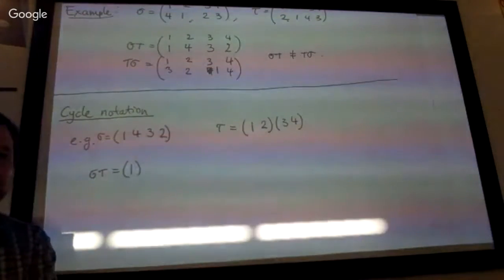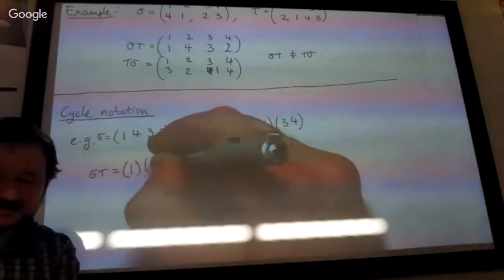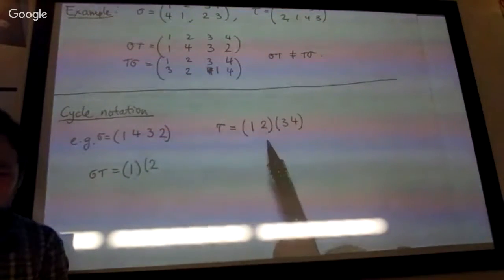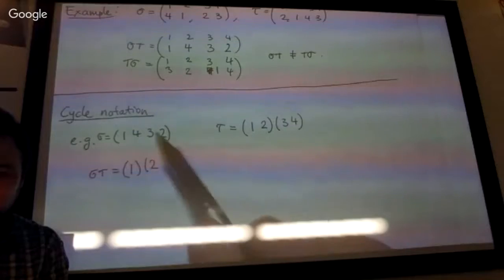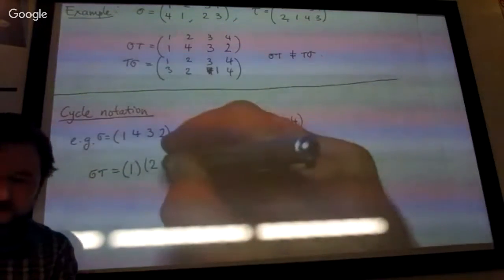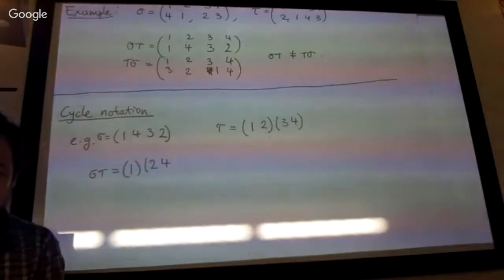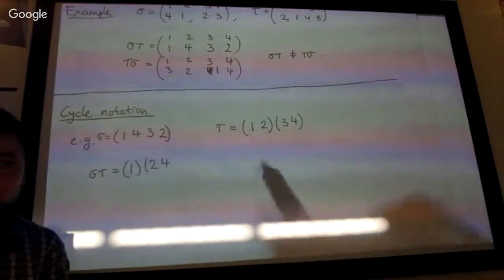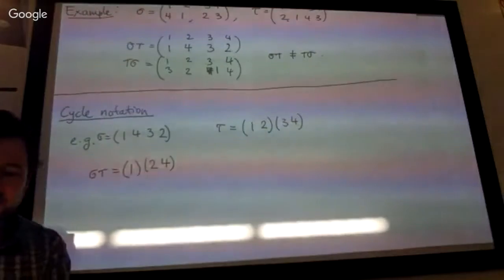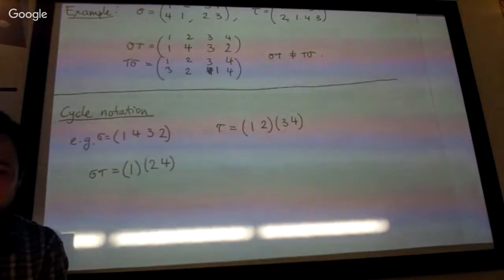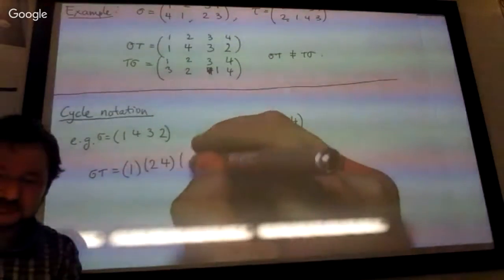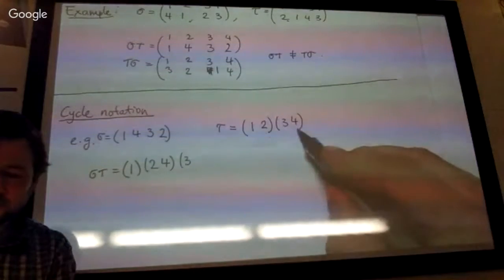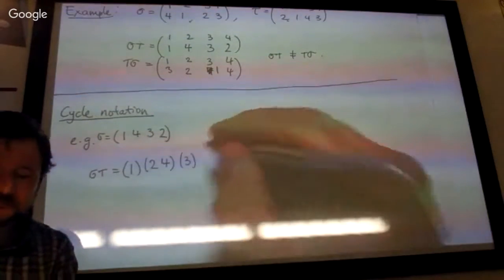That finishes it. Now, 2. 2 goes to 1, goes to 4. 4 goes to 3, goes to 2. Aha, so that's it. And then 3 goes to 4, goes to 3. Right.